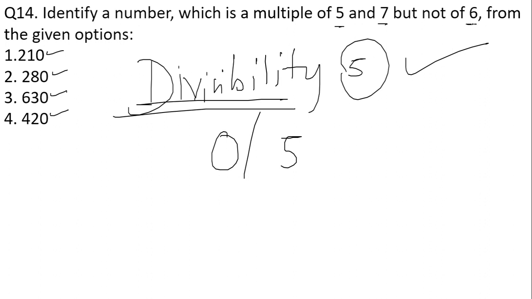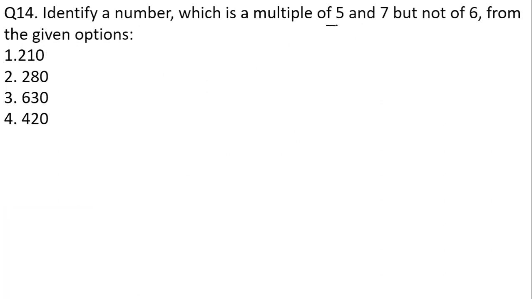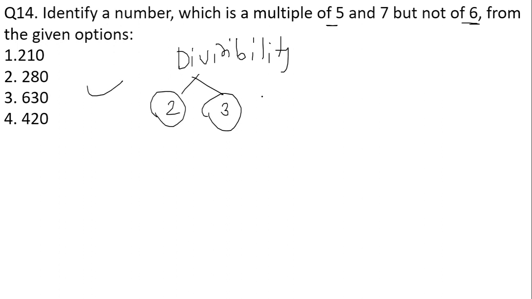I have checked that all the numbers are divisible by 5, so these are going to be multiples of 5. What we'll check directly is the divisibility test of 6. For this, we have to check the divisibility test of 2 and the divisibility test of 3. If both are followed, the number is divisible by 6.